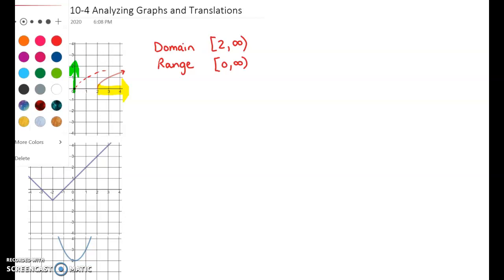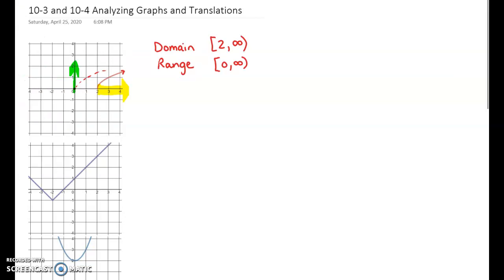I should also be able to tell by looking at a graph what the end behavior for the graph is. Graphs only have two ends, and this particular graph, since it has a starting point, does not have a left end behavior, but it does have a right end behavior.